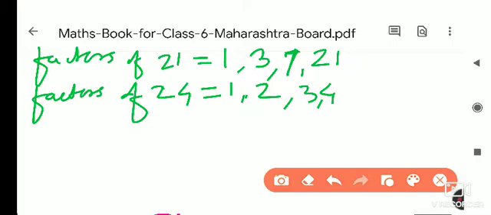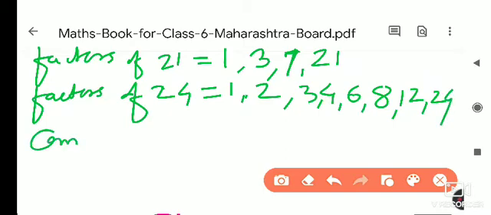It is not divisible by 5 because the unit place is not 0 or 5. 6 4s are 24, so it is divisible by 6. Then 8 1s are 8, 8 2s are 16 and 8 3s are 24. Next, 12 1s are 12, 12 2s are 24, and at last 24 1s are 24.